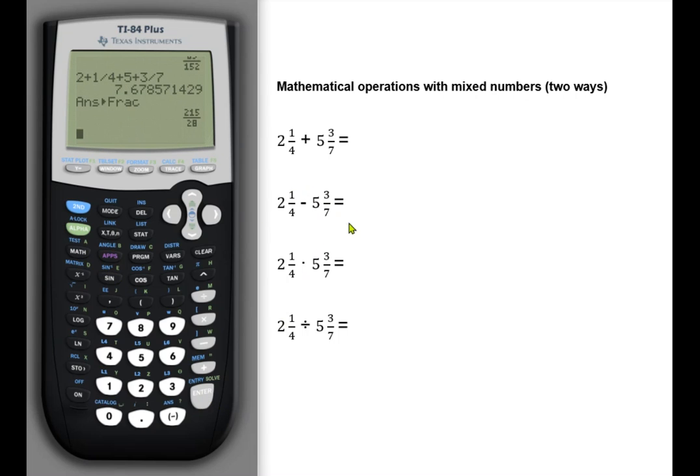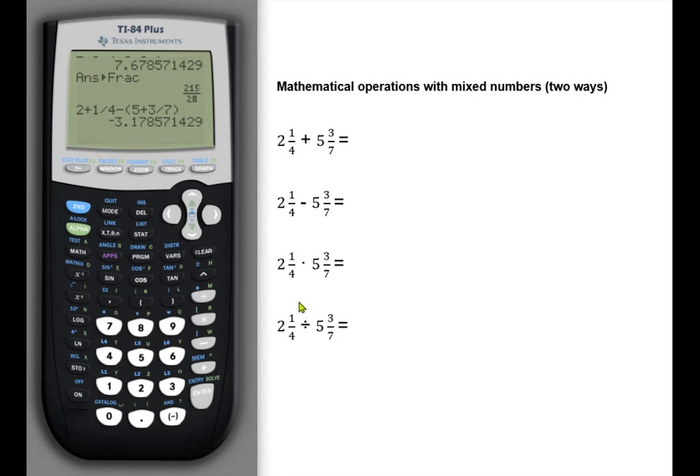If you want to do this, the same thing with subtraction, you will need to put 5 wholes and 3 over 7 in parentheses. So 2 wholes and 1/4 minus, and then open parenthesis, and enter 5 wholes plus 3 over 7, close parenthesis, and hit enter.